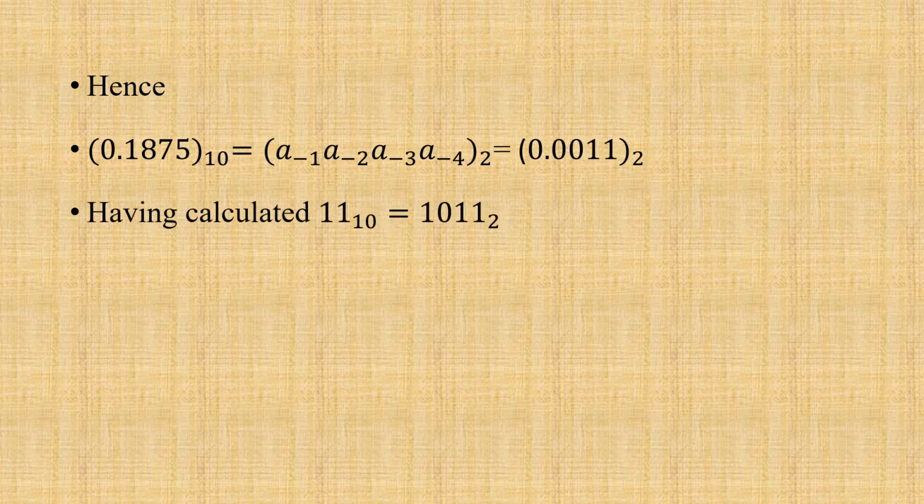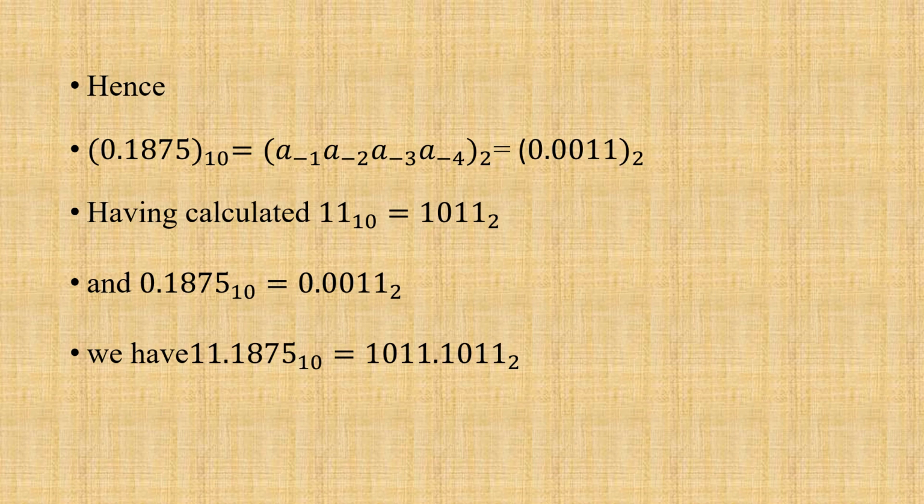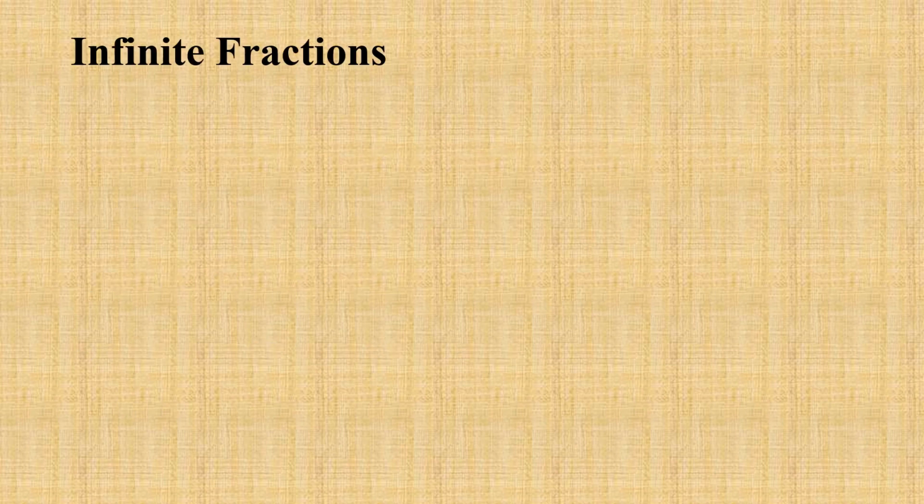Having calculated 11 base 10 equals 1011 base 2, and 0.1875 base 10 equals 0.0011 base 2, we have 11.1875 base 10 equals 1011.0011 base 2.